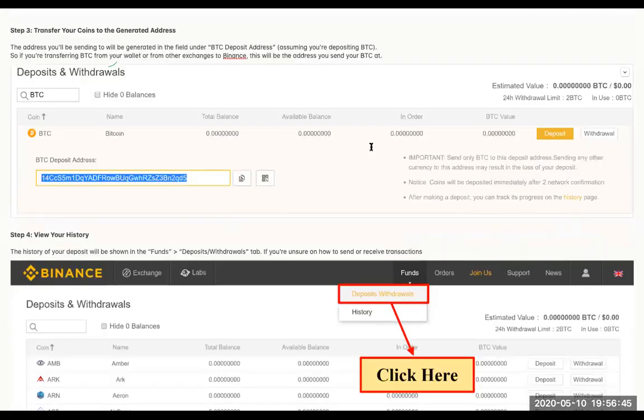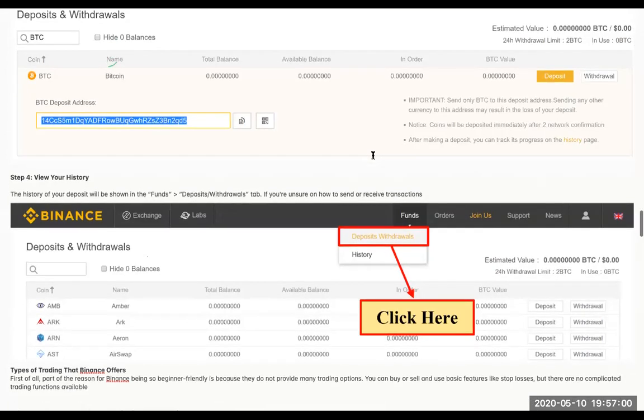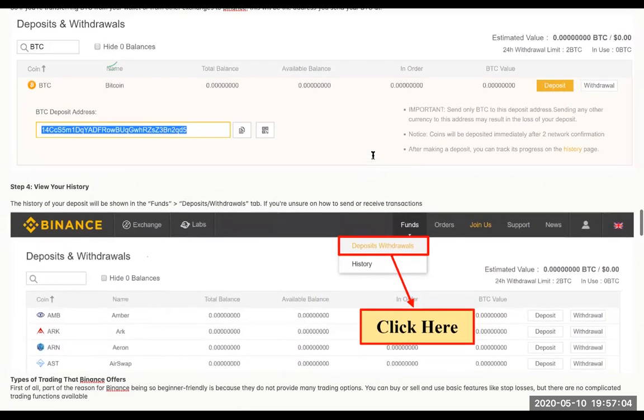Then it will require you to deposit to your account address. So you copy and paste it here, then wait for some confirmations for your Bitcoin to be credited on your account.